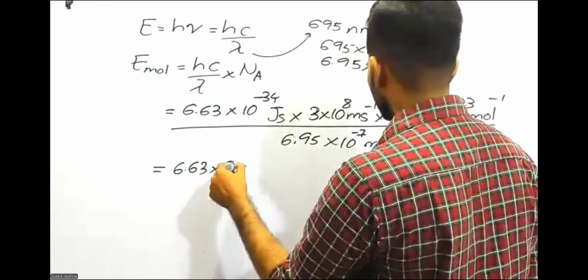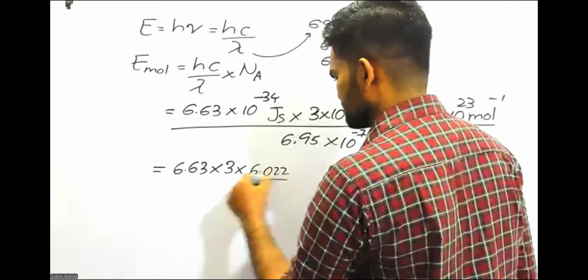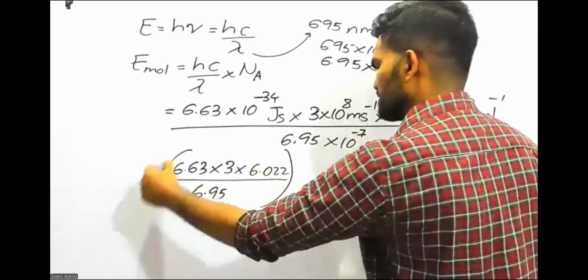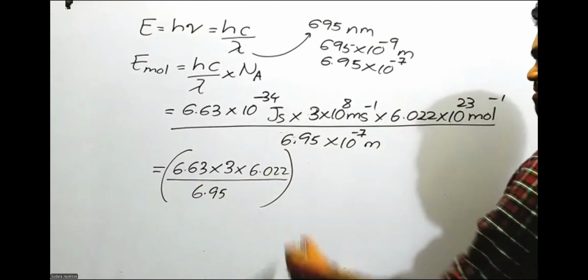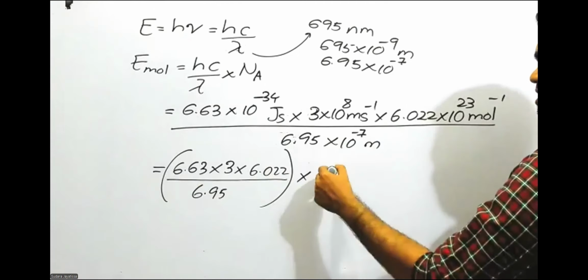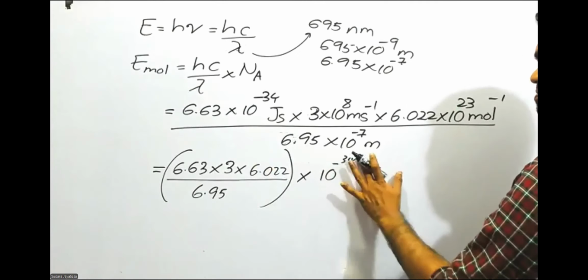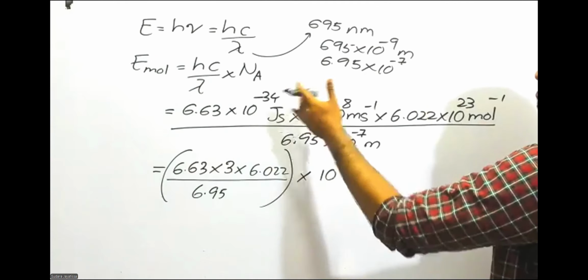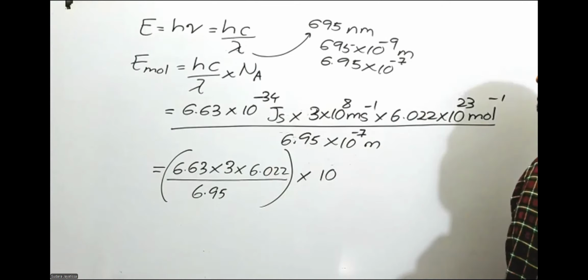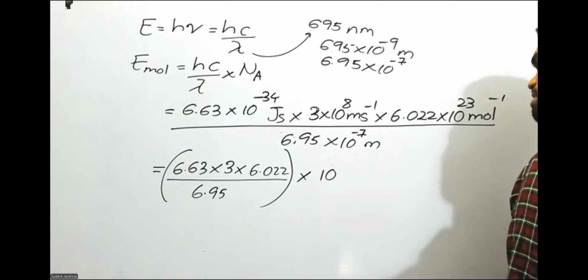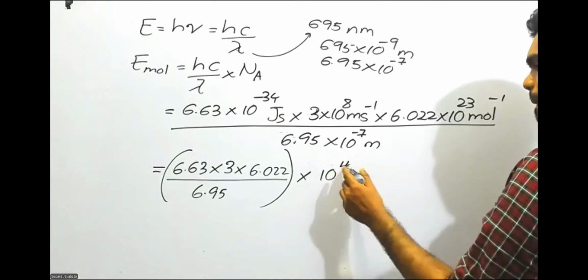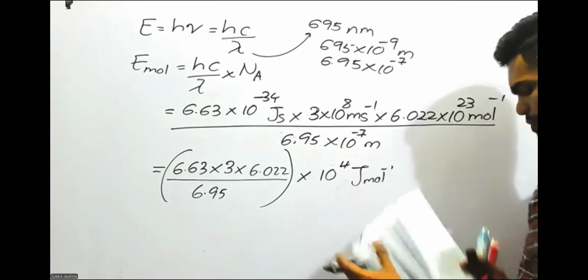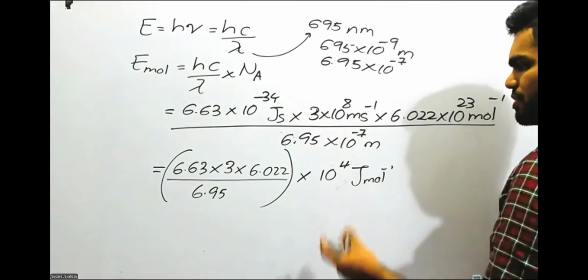6.63 into 3 and 6.022. If it is MCQ, we know how to round it off. Simplify this one separately, and the 10 to the powers: 10 to the power minus 34, 8, 23. This one gives you 31 and minus 3. And my 10 to the power 4 joules per mole. This is the unit. So if you want to convert it into kilojoule per mole, what you should do?